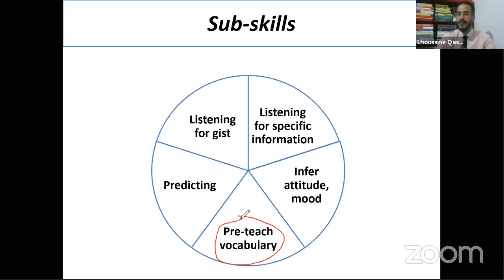So here, top down and bottom up can be both before or during, in the beginning or in the middle. Okay.